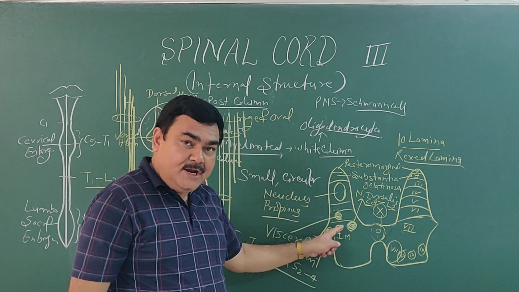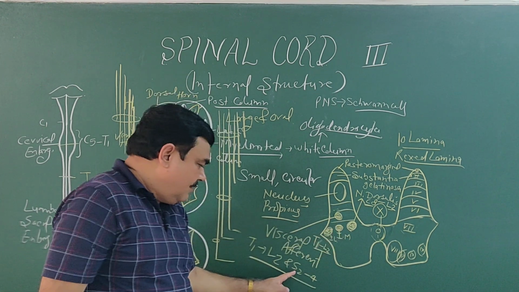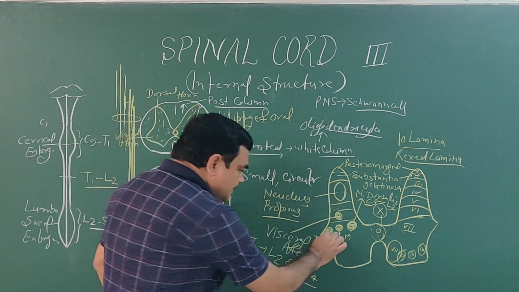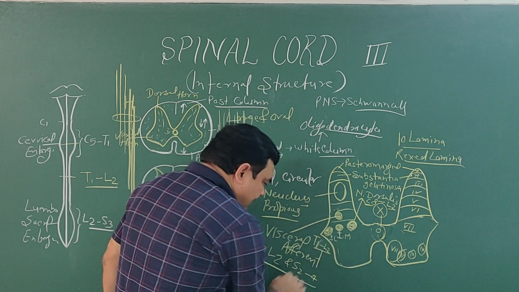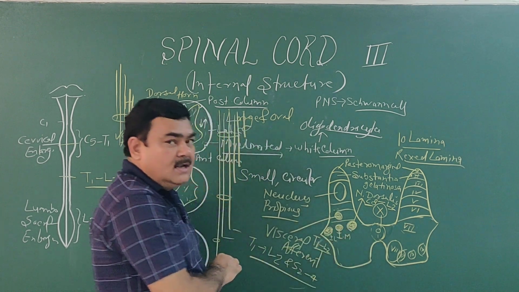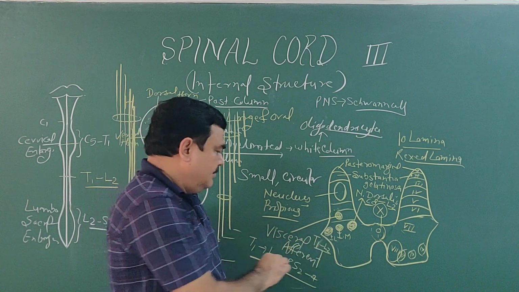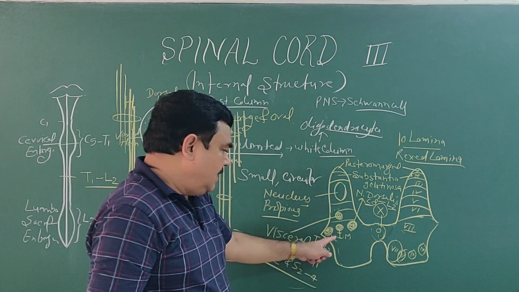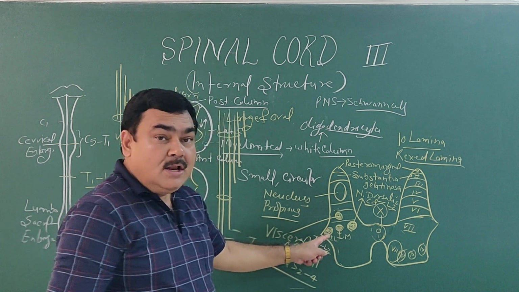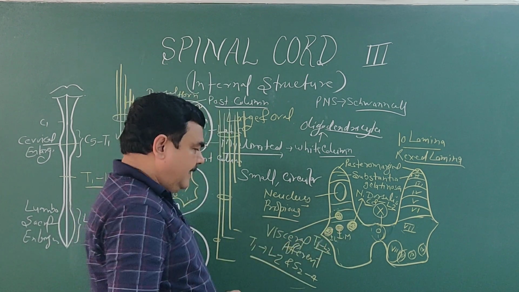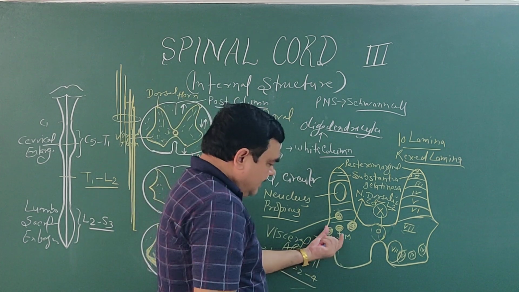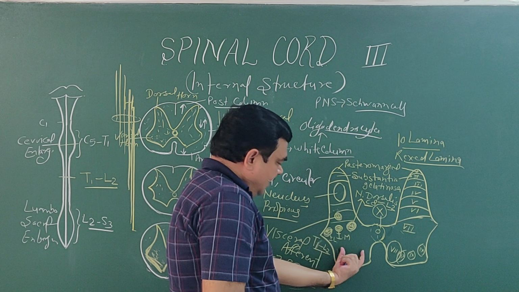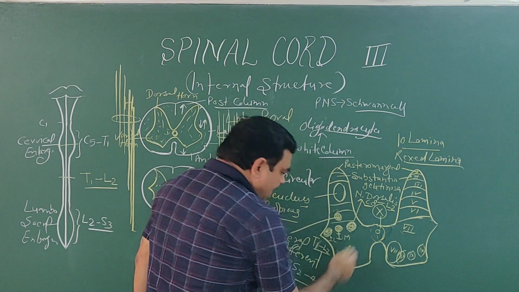This is intermediomedial, from S2 to S4, and efferents from these two go through the ventral horn and join the nerve. This is the ventral horn, this is the intermediate, this is the lateral horn.